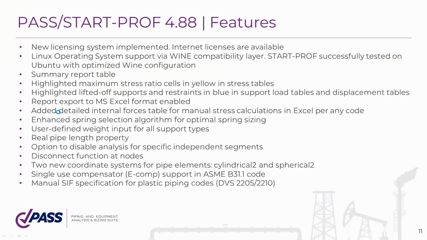The next feature is the detailed internal forces table. Sometimes we need to perform analysis using some pipe stress analysis code which is absent, for example, in START-PROF. And to do this, we want to use Excel, but we have to take the information to that calculation. So we added this table, and you can perform the calculation of the stresses using any pipe stress analysis code using Excel.